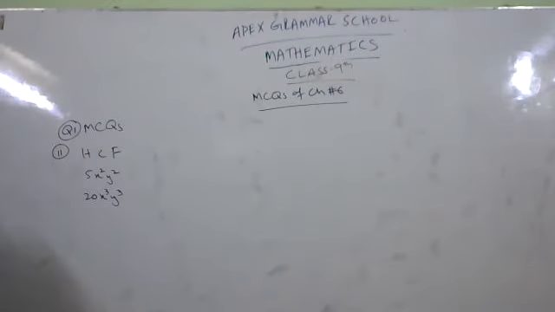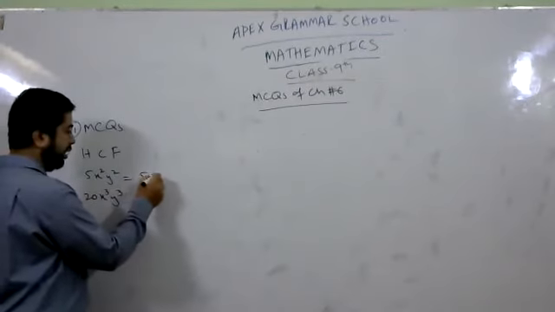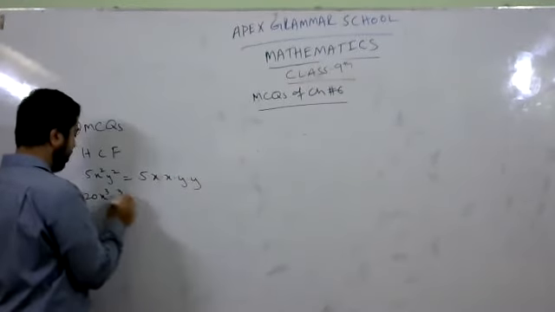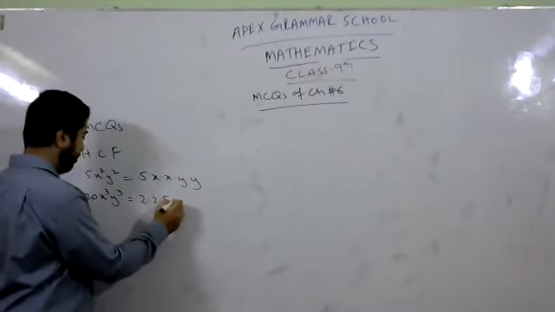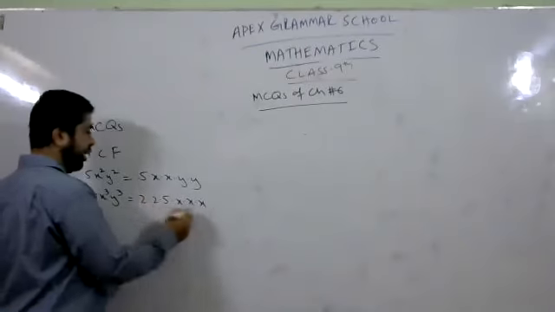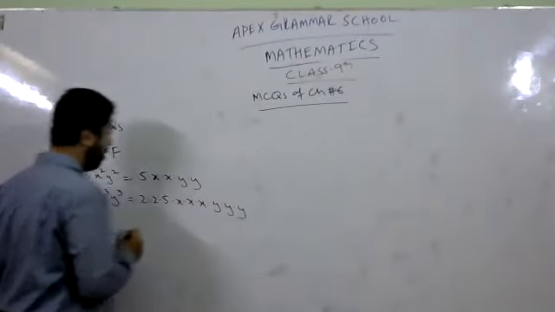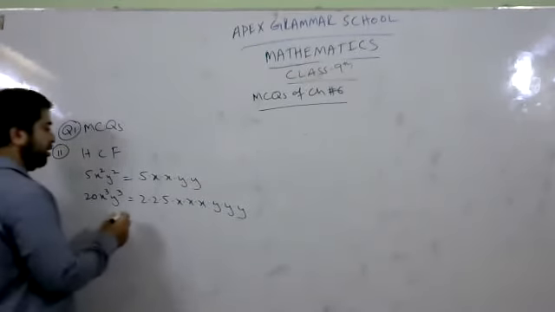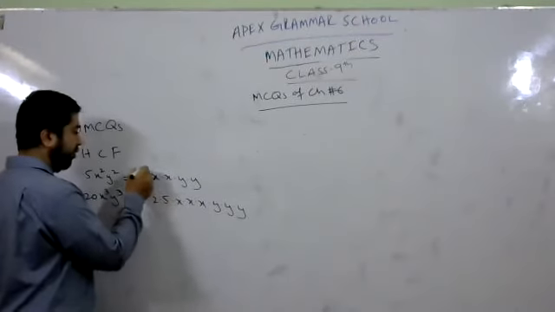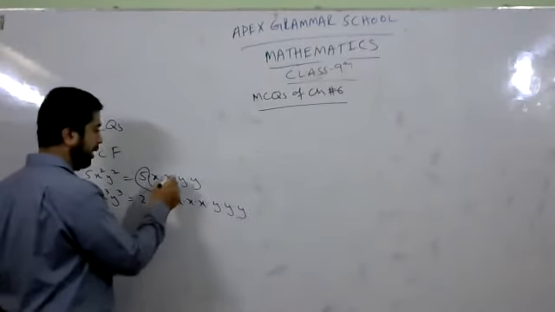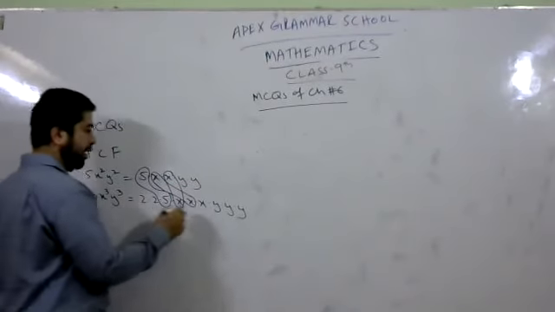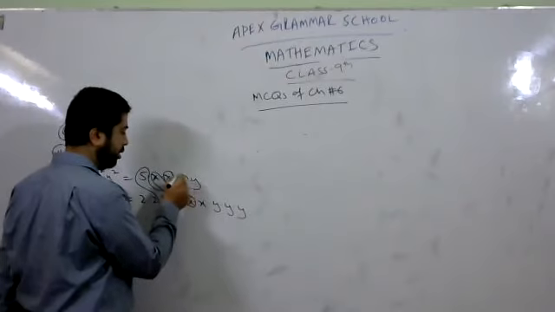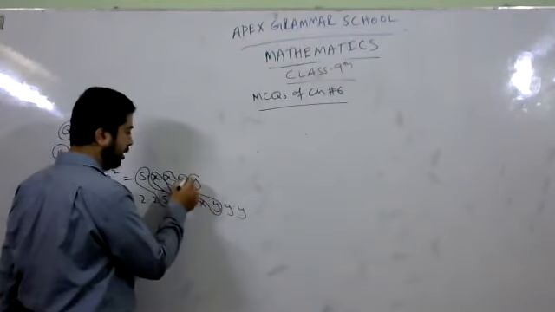To find the HCF of this, we can write the first as 5·x·x·y·y. And for 20, 2 twos are 4, 4 fives are 20. So 2 multiply 2 multiply 5 multiply x three times and y three times. Now the common factors are, first this 5, then x, then again x, and two y's.